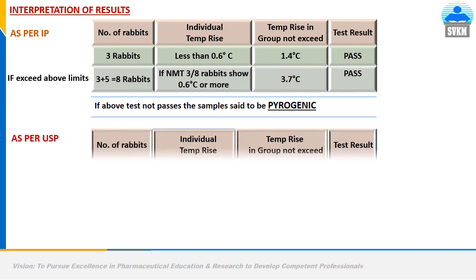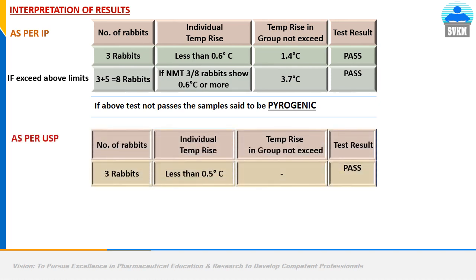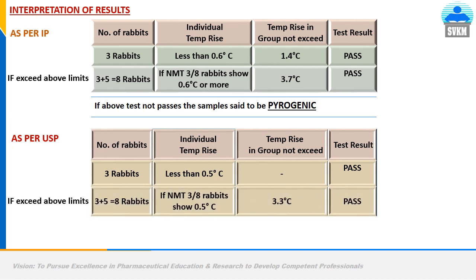The United States Pharmacopoeia also suggests first tier testing over a group of 3 rabbits. In these 3 rabbits, the individual rise in temperature should be less than 0.5 degrees Celsius. Then the test passes and the sample is non-pyrogenic. If this criterion is exceeded, then we have to repeat the test over an additional group of 5 rabbits.